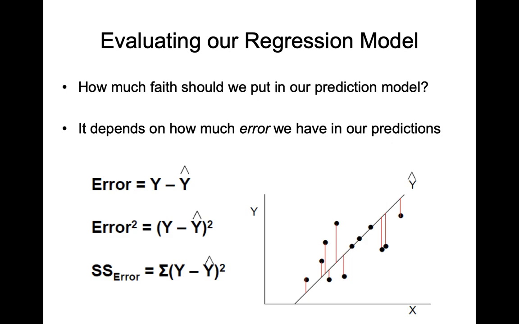The way to evaluate just how good that model is, is to capture those errors in prediction from our model and the data that was used to generate that model. Our data that was used to generate the model are the actual scores that we get from people.